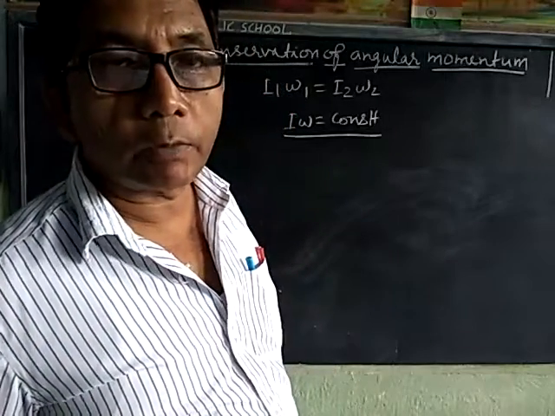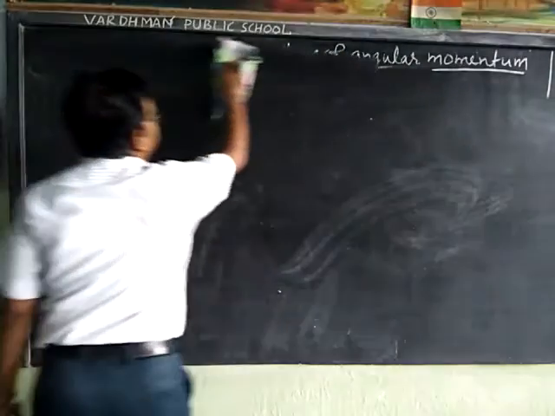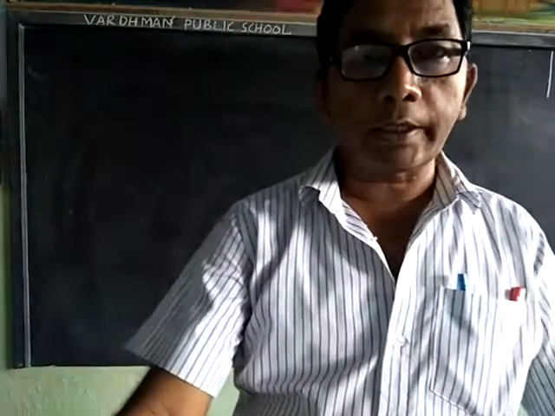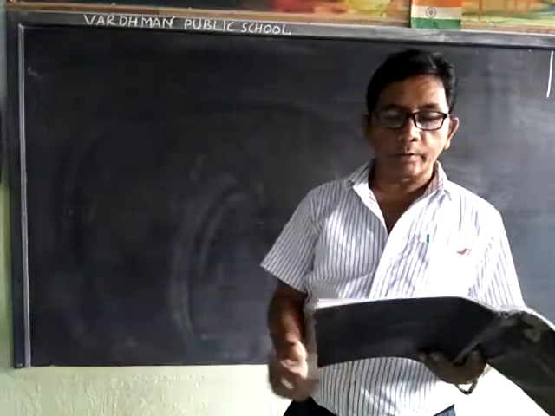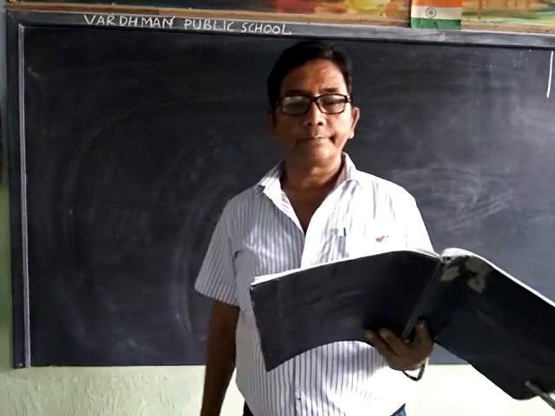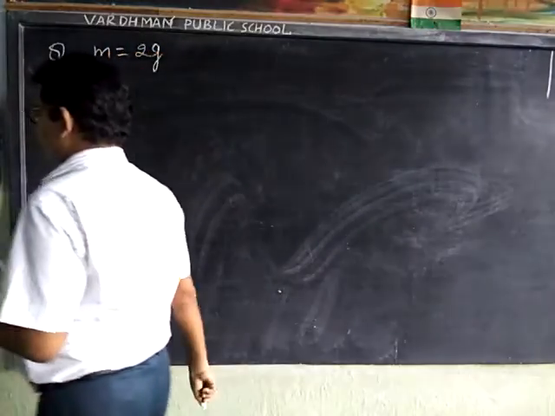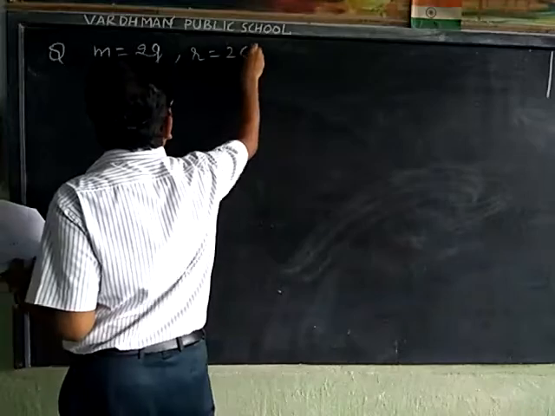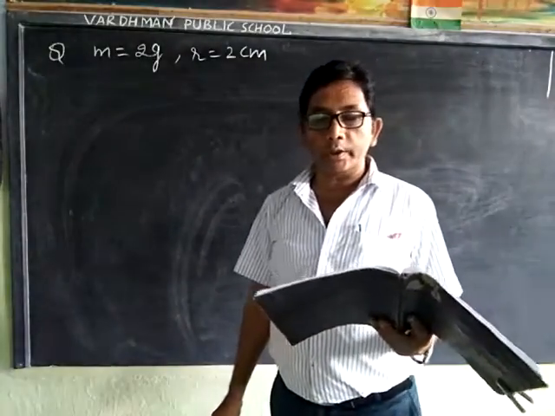Now we will solve some numerical problems. Our first numerical is: calculate the moment of inertia of a ring of mass 2 gram and radius 2 centimeter about an axis passing through its center.